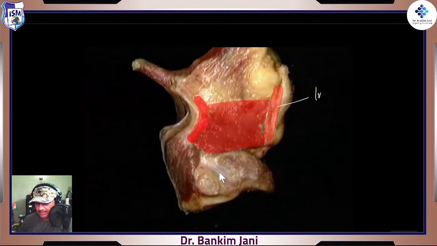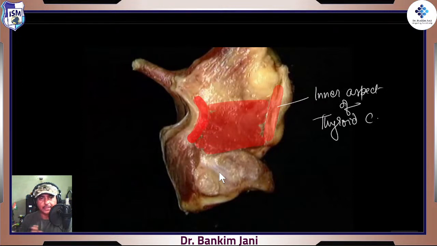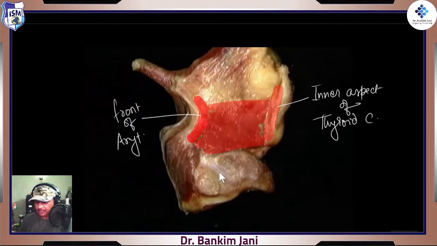From the inner aspect of thyroid cartilage, all the way it goes to the front of arytenoid, right? So inner aspect of thyroid to front of arytenoid, simple, plain as that, right?